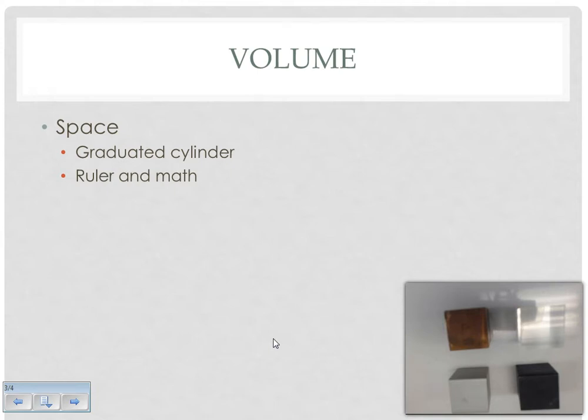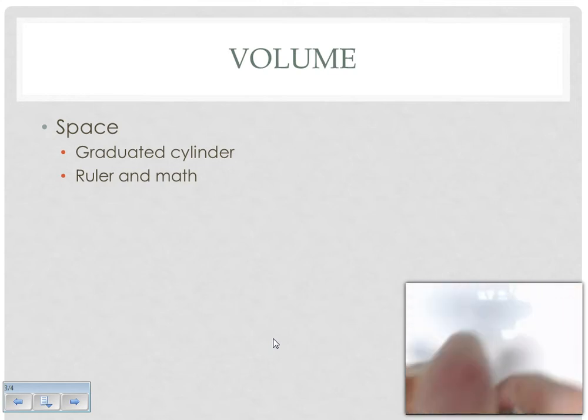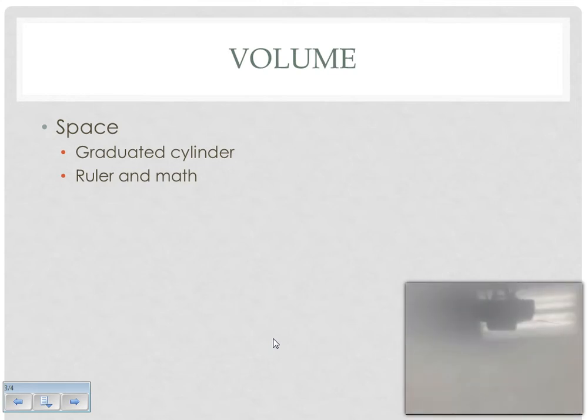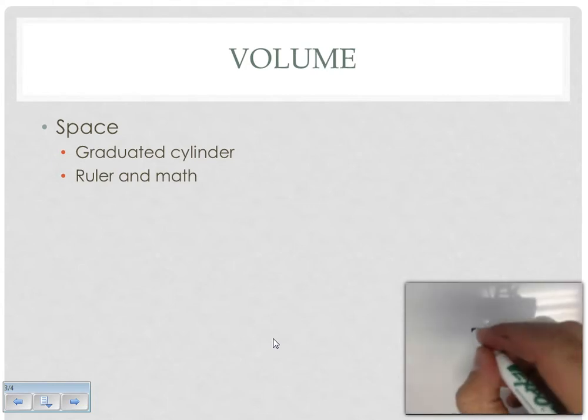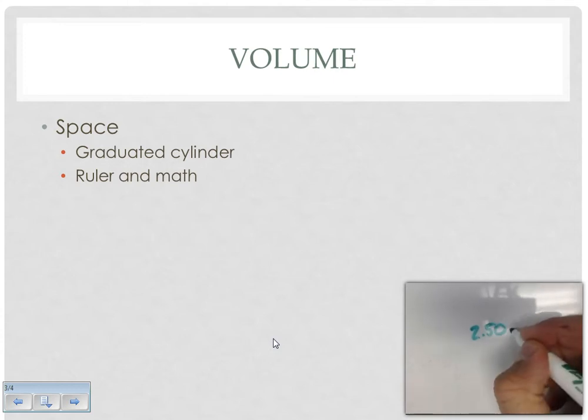So what do we do in order to determine the size or the volume of this? Well, all we have to do is get a ruler out and measure the length, the width, and the height. Now these are cubes, so it makes it pretty easy to do length times width times height for these. Okay, let me get this out of the way. And then I can do 2.50 centimeters, and that's the length.